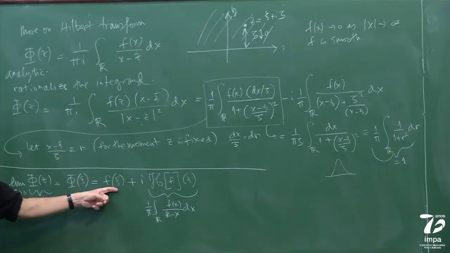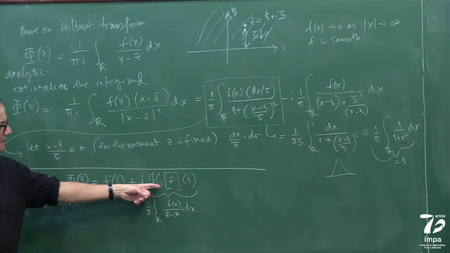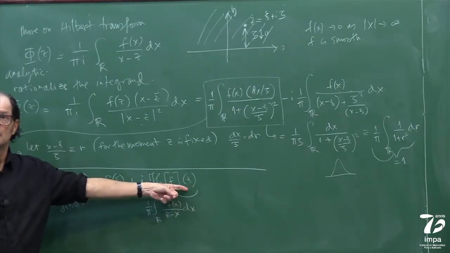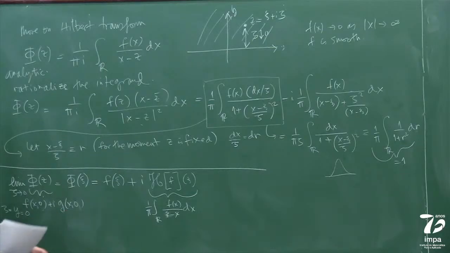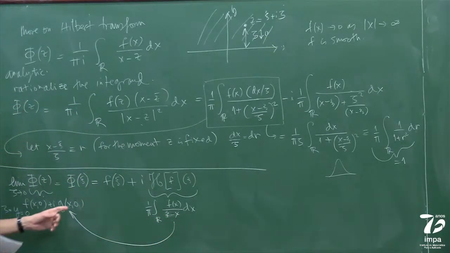So this is like f of x plus i, the Hilbert transform. So the Hilbert transform is the trace of the harmonic conjugate. Okay, the Hilbert transform takes the trace.